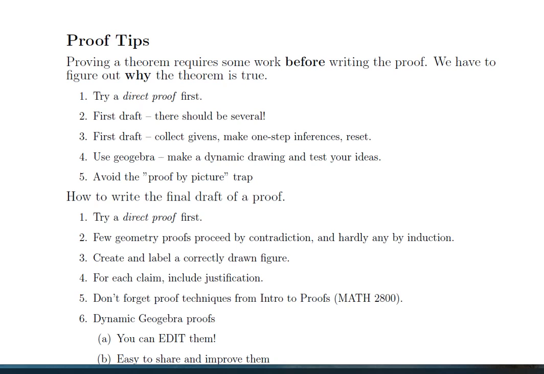I would like to give you some proof tips, and I'll go over these in just a second. One of the biggest proof tips I can give is to complete your proof project efforts 1 to 2 days early. That will give other people on your team a chance to look at the proofs that you've completed and see if they have any constructive criticism. They might see something, a line you forgot, or they may have a critique, and it might take less than 10 seconds to fix your proof.